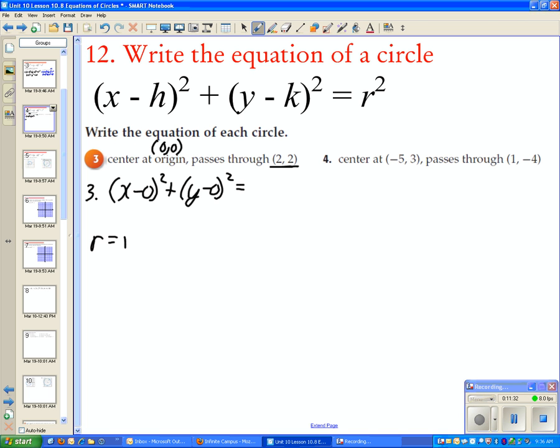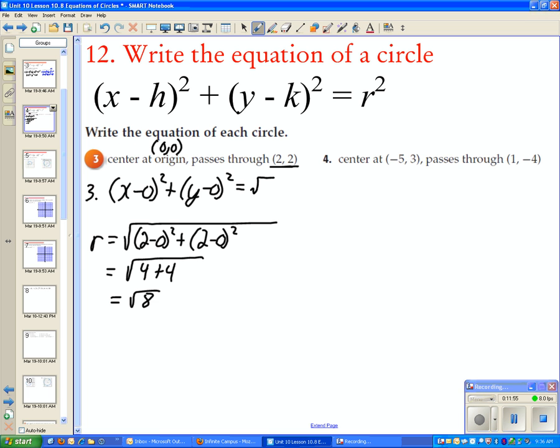So radius equals square root of 2 minus 0 quantity squared plus 2 minus 0 quantity squared. Well, 2 squared is 4. So the square root of 8. So r equals the square root of 8. So on the right side of my equation, radius square root of 8 squared.